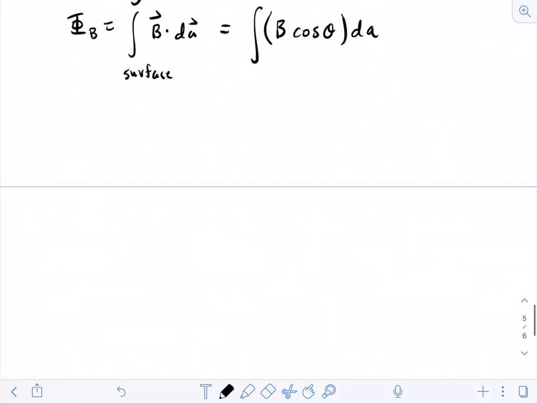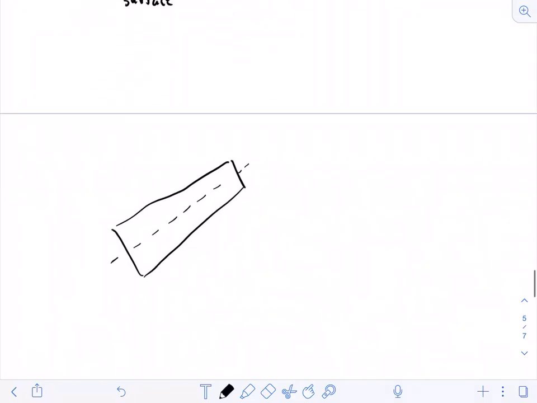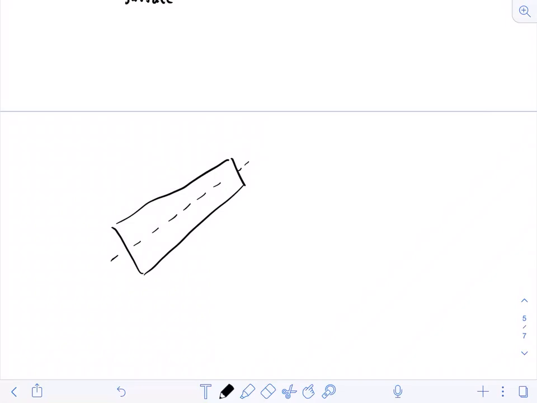And so let me just remind you of what some of these variables mean. So I'm going to try to actually draw probably a picture similar to what we had already. If this is our surface, some kind of closed loop, then dA is defined to be a vector whose magnitude is some patch of area, and its direction is perpendicular to that patch of area. So this is the dA vector.